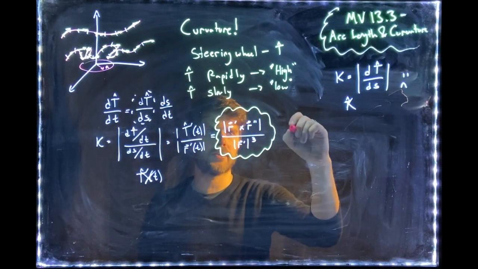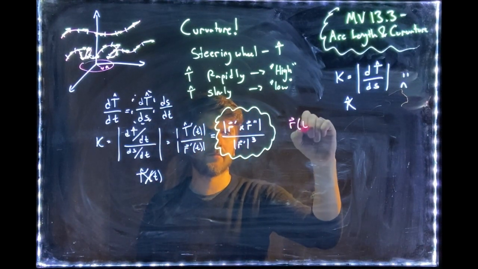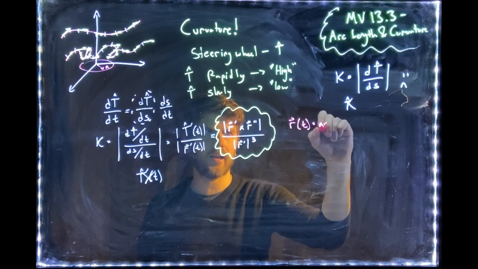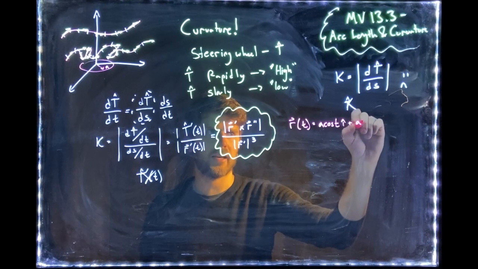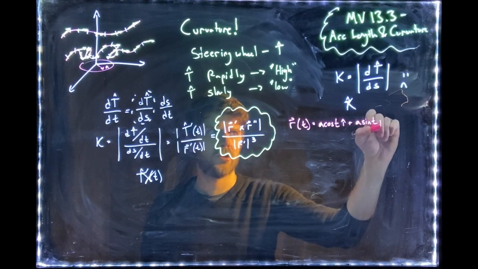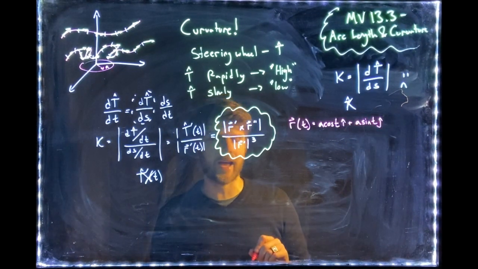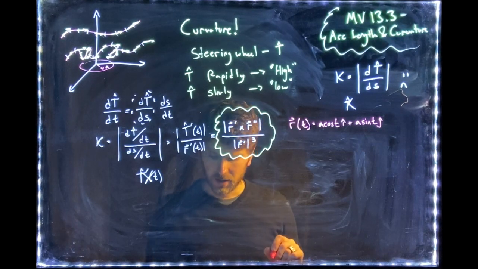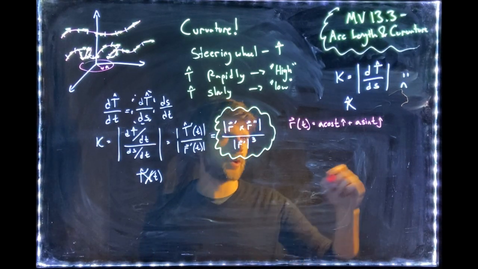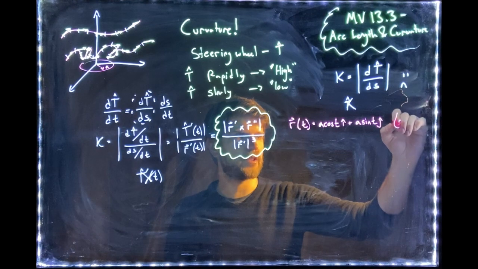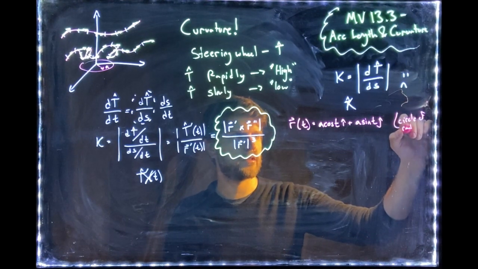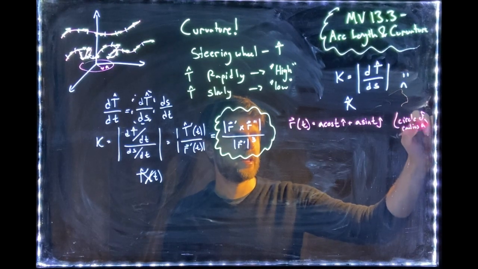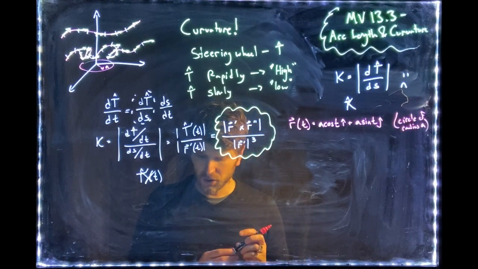So I'm going to adopt an r of t here, which is going to be a cosine t i hat plus a sine t j hat, and there's going to be no k hat. That's going to be plus 0 k hat because I just want it to be in the xy plane. And this is going to be a circle of radius a.